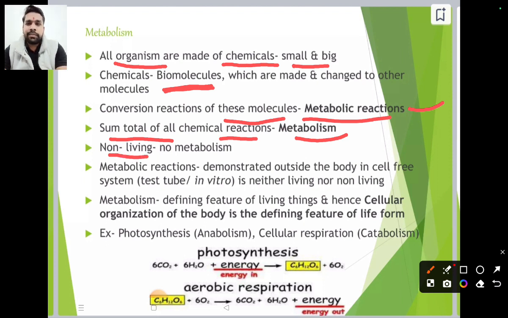Now, the main important thing: non-living organisms don't show any kind of metabolic reaction. It means they have no metabolism. Clear?